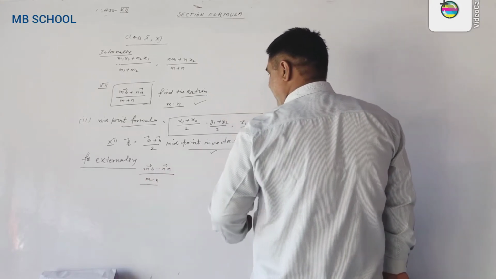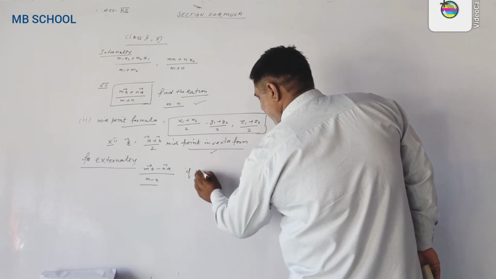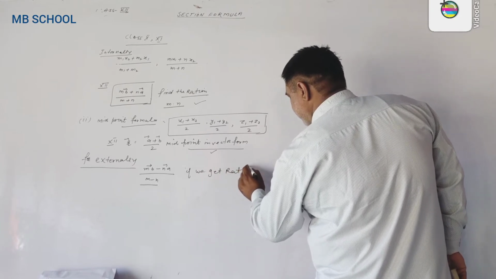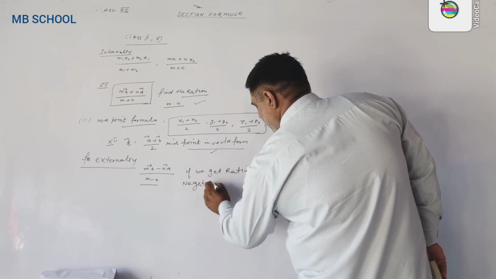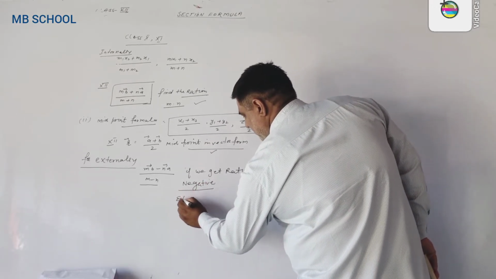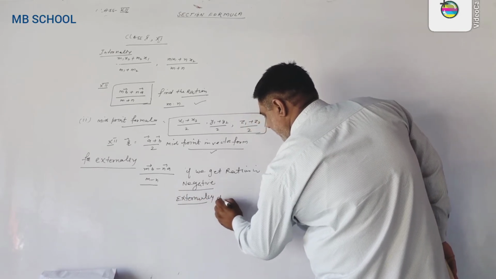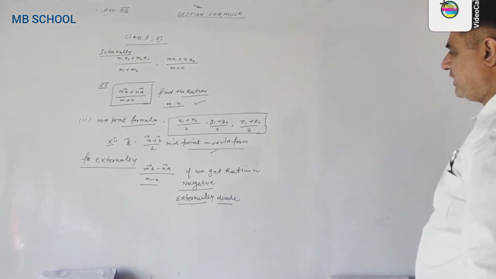If we find the ratio and we get the ratio in negative, then we write it is divided externally. अब ये दिए हुए पॉइंटों को एक्सटर्नली डिवाइड करता है.